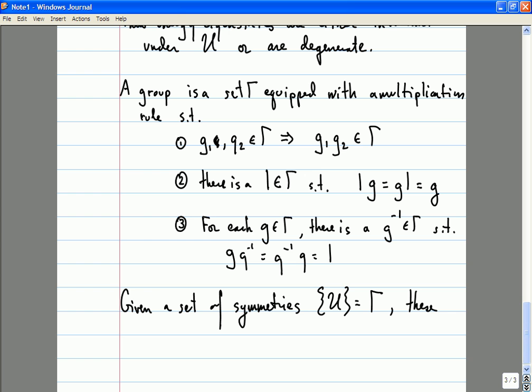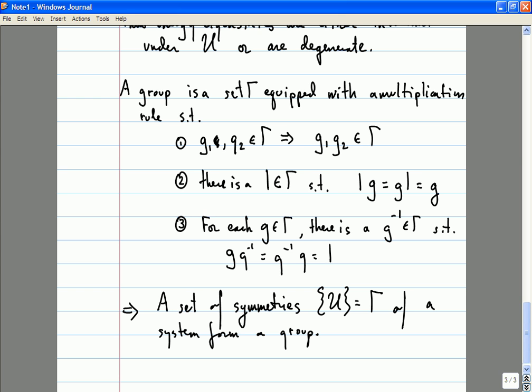So a set of symmetries of a given system forms a group. Why? Well, you take two unitary operators that commute with the Hamiltonian, and their product will commute with the Hamiltonian. So that says property 1 is okay.